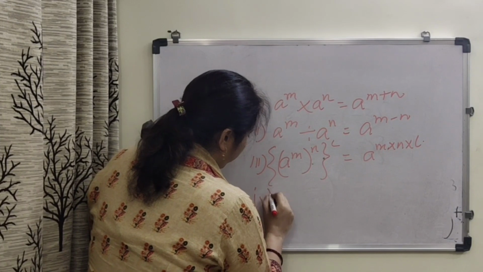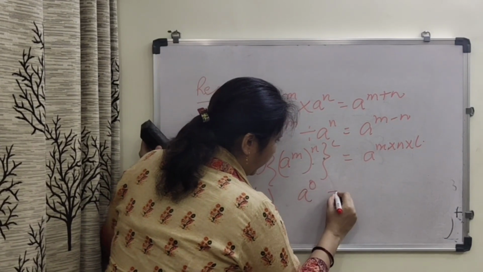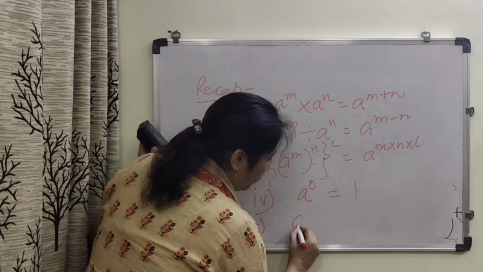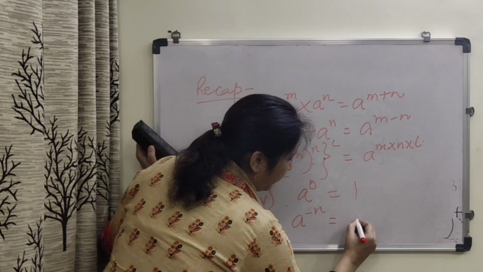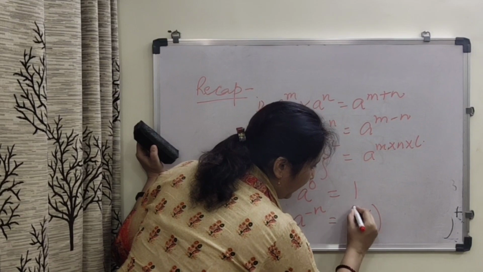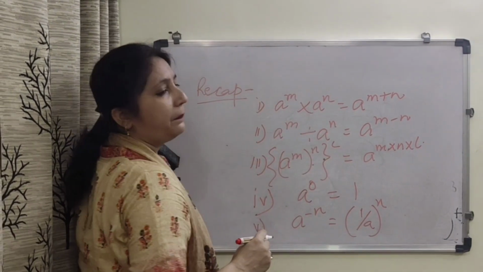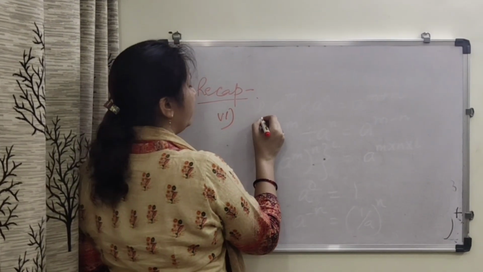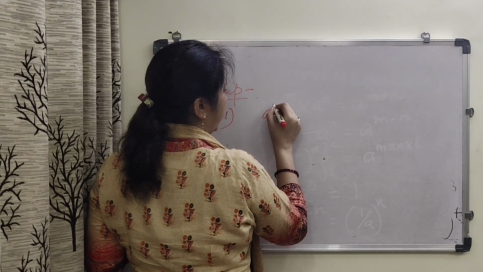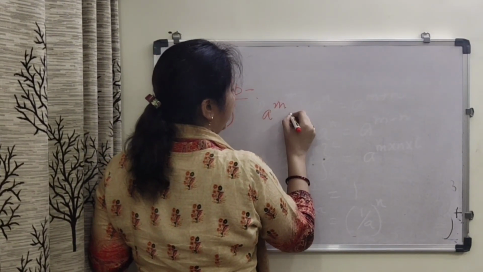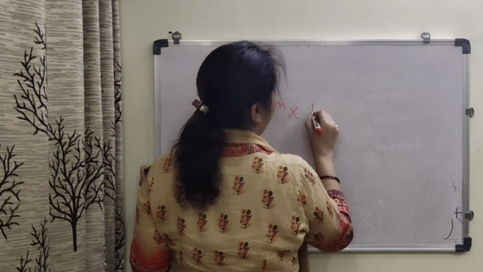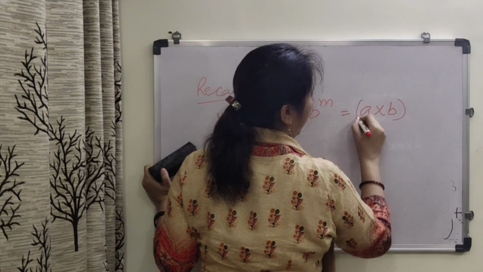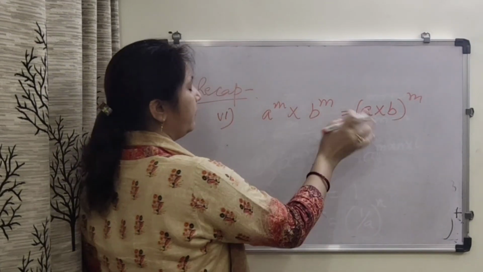Fourth was a to the power 0 is 1. Fifth, a to the power minus n is 1 by a whole to the power n. Sixth was a to the power m into b to the power m is equals to a into b whole to the power m, and this works vice versa.